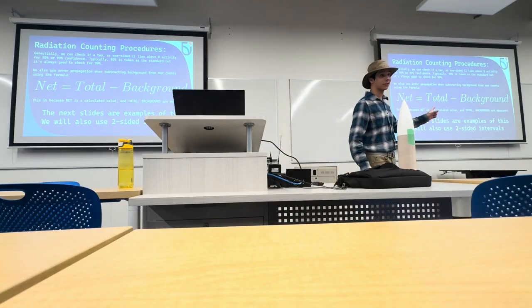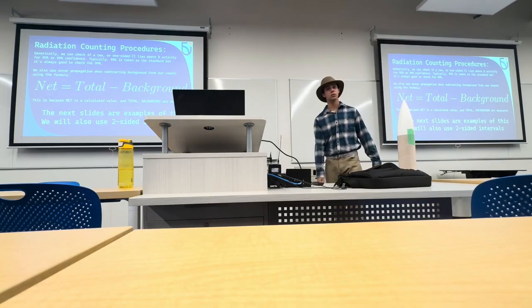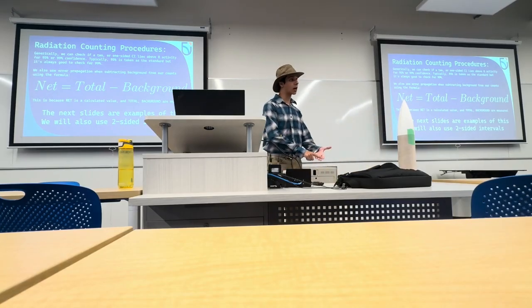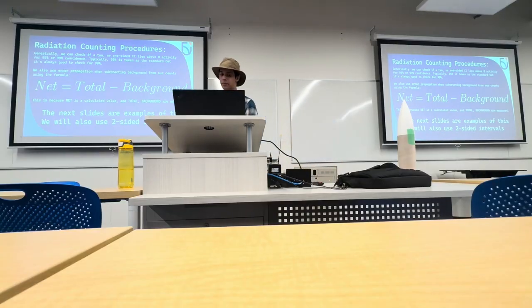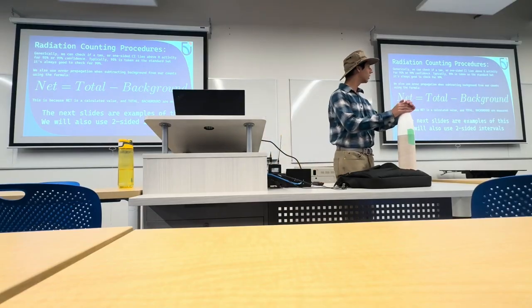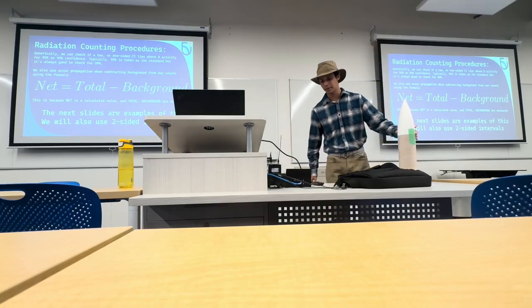So this is why we take a background measurement. How do you get your net counts without background? Well, you take a total measurement, background and your source, and then you subtract your background. Because net is a calculated value and total and background are measured, there is going to be some error propagation.